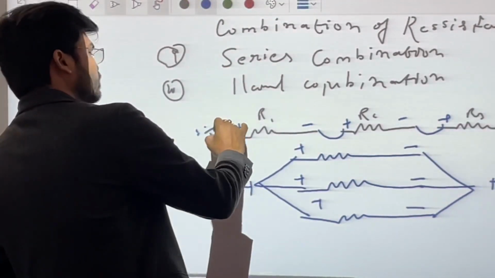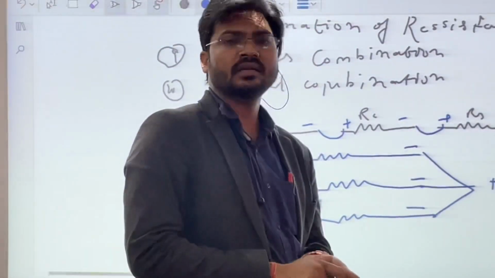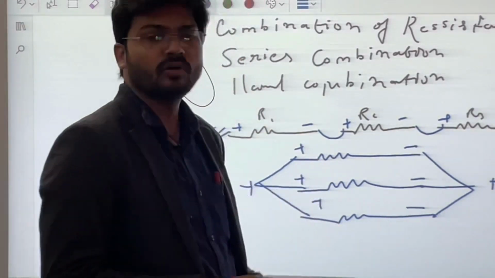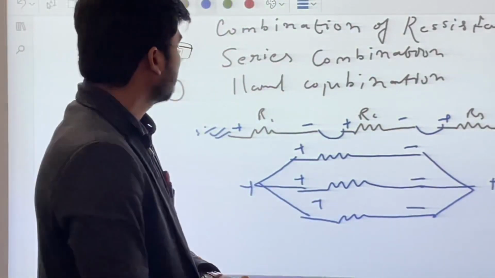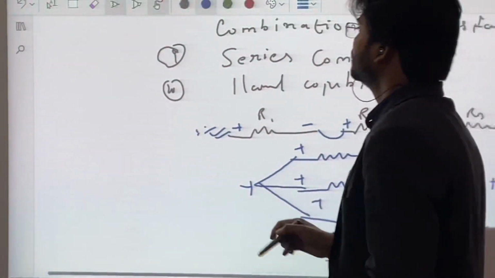So in series combination, current will be the same for each resistor, and in parallel combination, potential difference will be the same for each resistor.